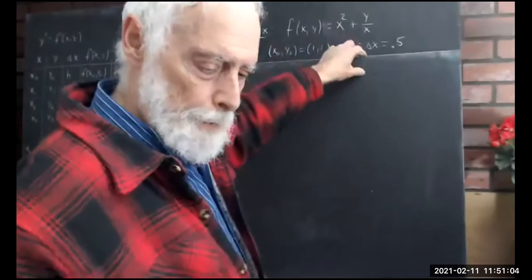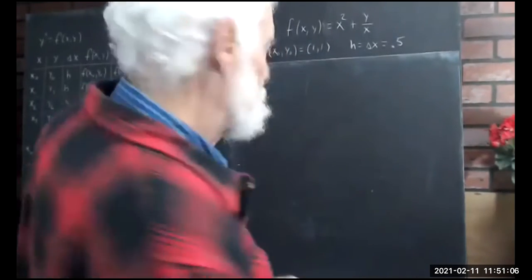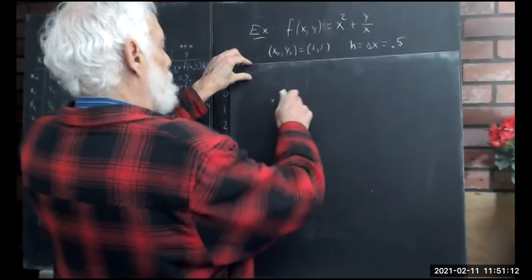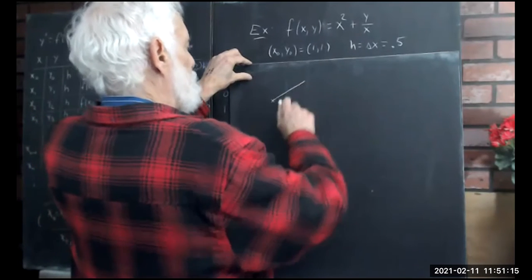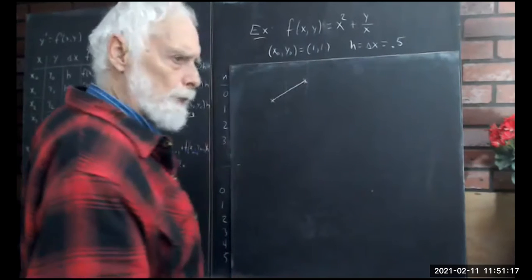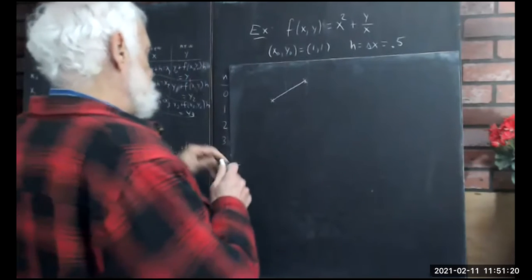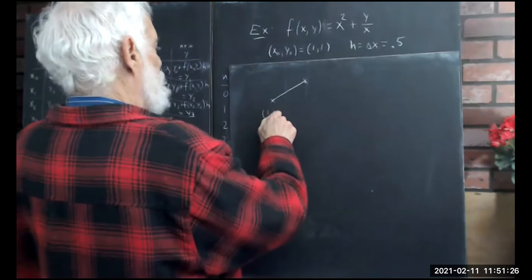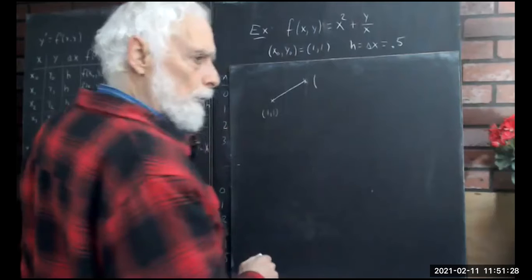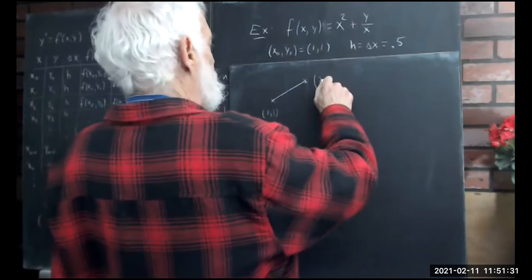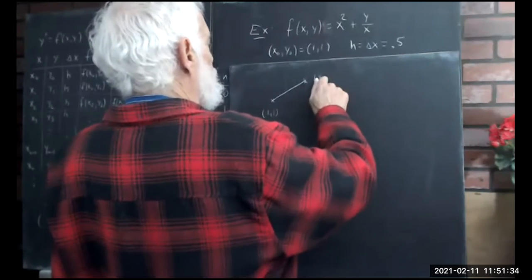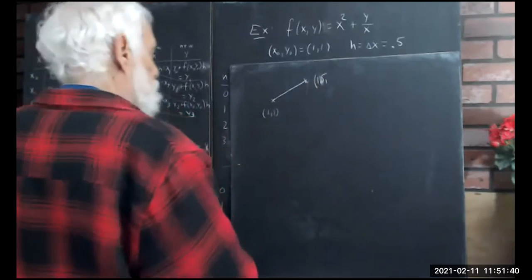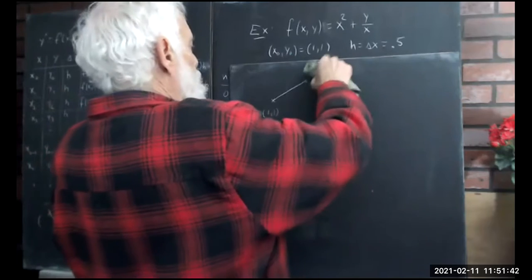Okay, so our first approximation looks something like this. We got this point, and we got a slope, and we've got this point. Now, this point was 1, 1. This board's a little rough, so I'm going to correct that.